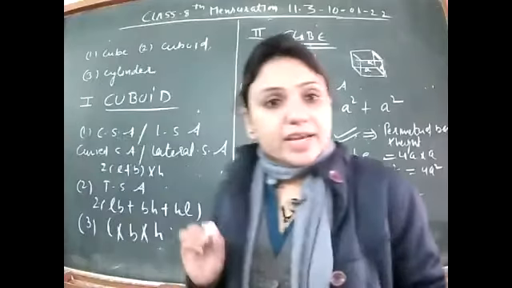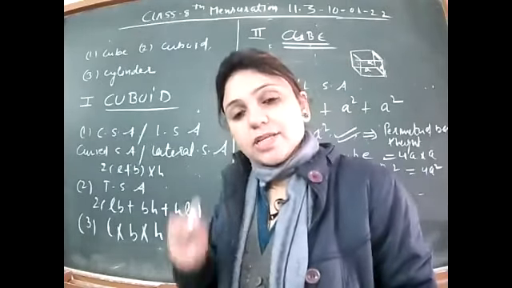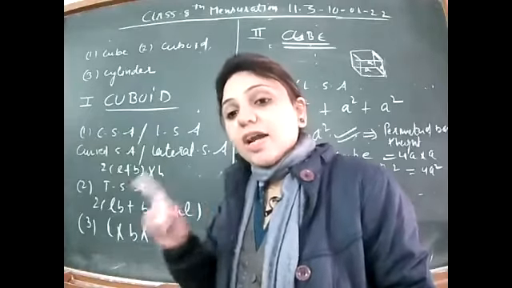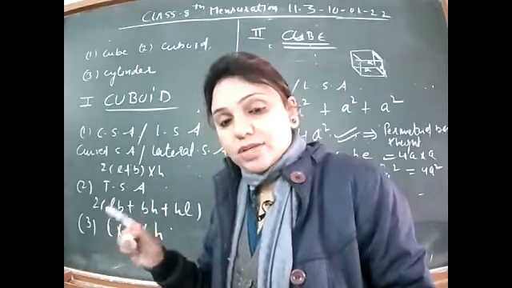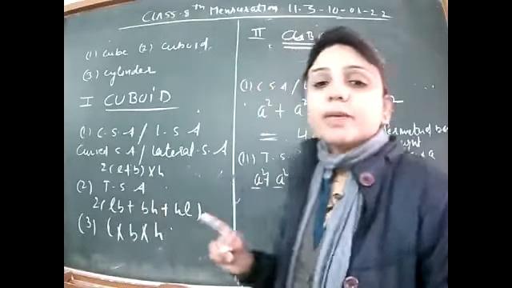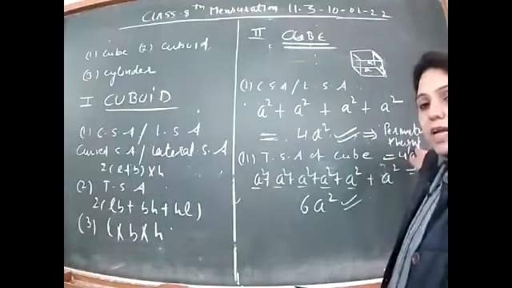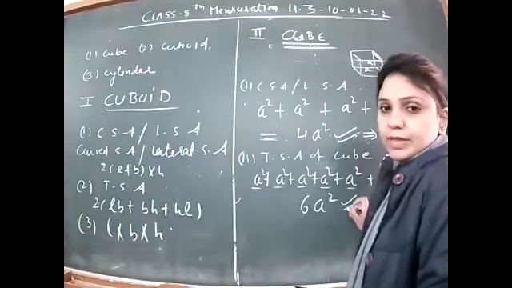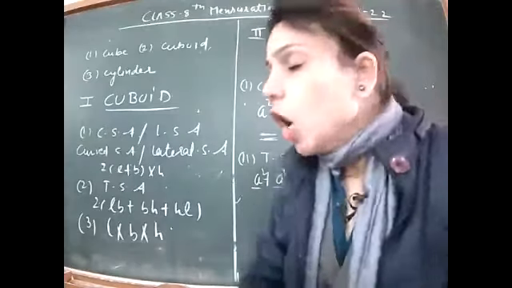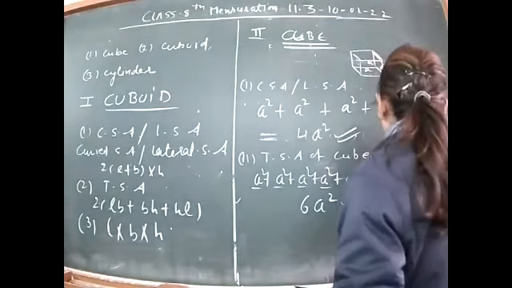Sometimes in exam, it can also be given like this, that you are given the perimeter of the base to be 4 and the other edge of the cube to be 6. Then what will be the curved surface area? Then you will just multiply the perimeter of the base and the height. And the total surface area, you know better. This is the area of all 6 faces which are included.